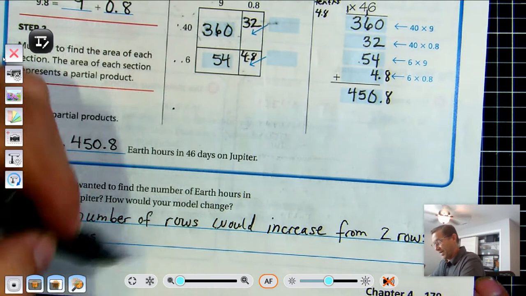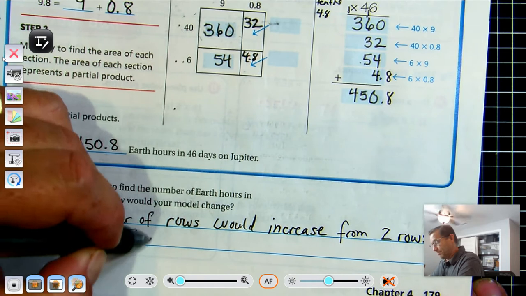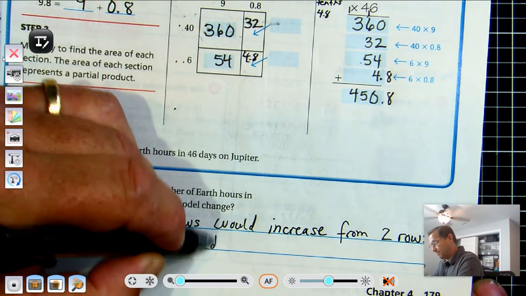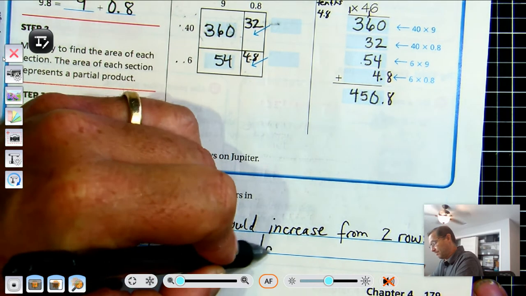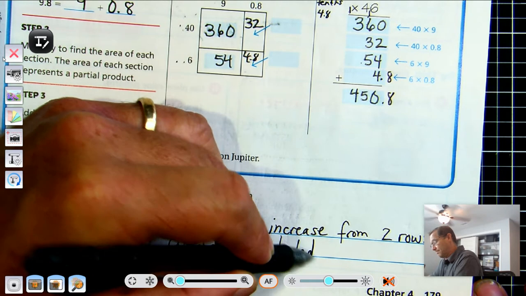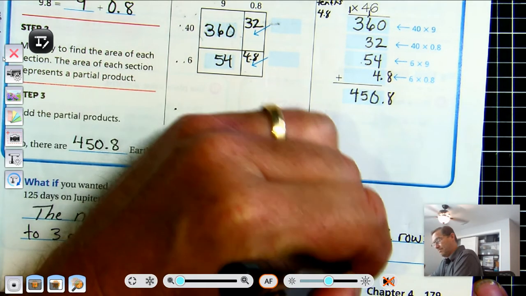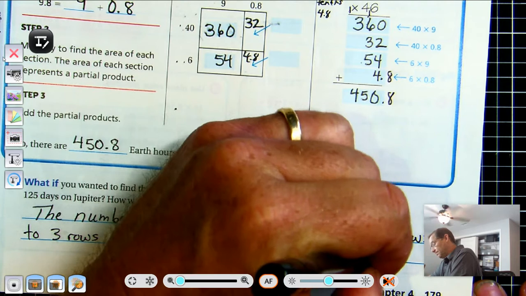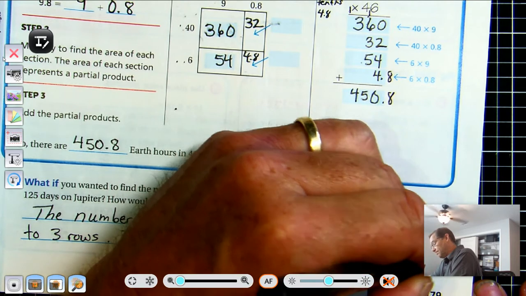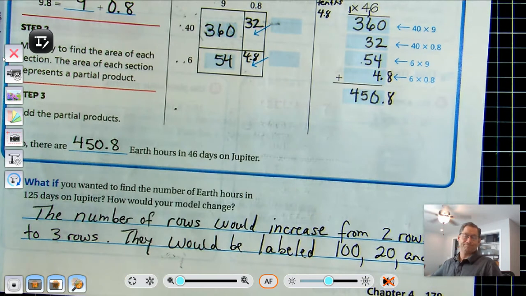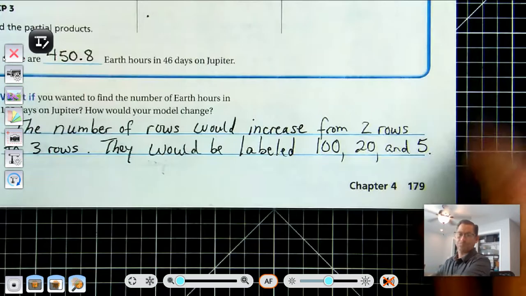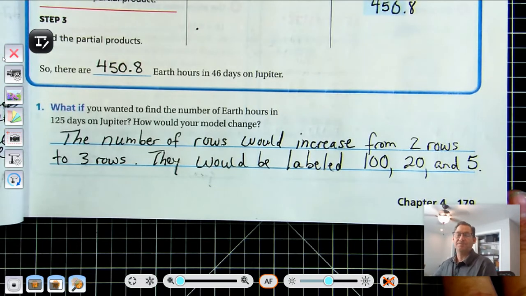And the labels would change. So that's how the model would change.